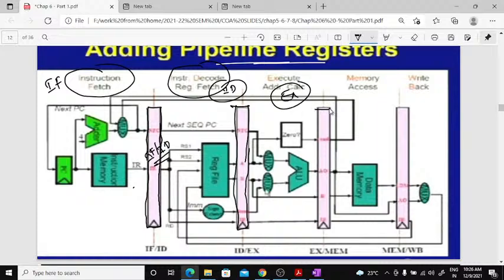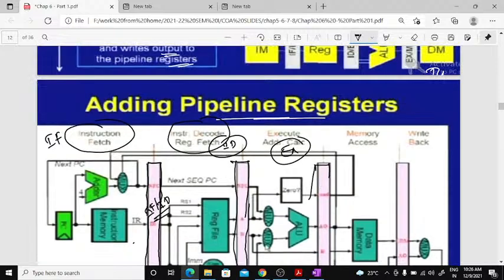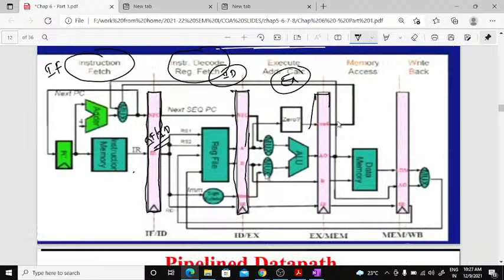then the execution and this particular memory stage. Okay, so here the execution and memory stage, there is a latch. So this latch or this register between the stages is very important.